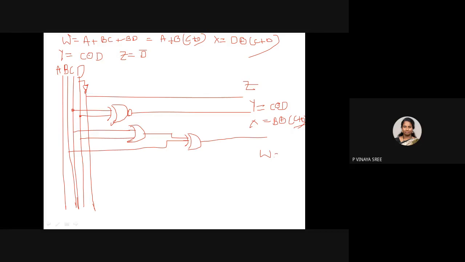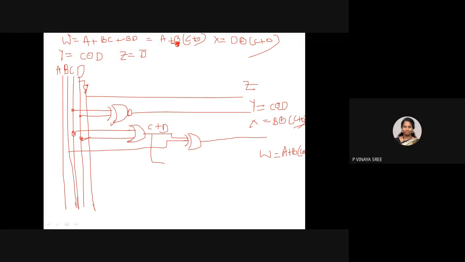For W, the output is A plus B into C plus D. So C plus D we already got, right? This is your C and this is your D. So we got C plus D here. I can take this as one input, C plus D, and the other input is what?